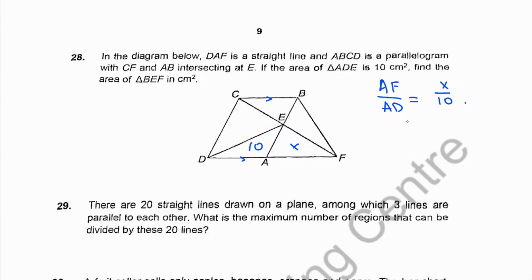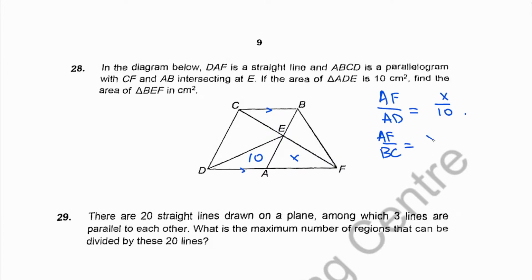Then this means that because AD is equal to BC, we have AF over BC is equal to X over 10. So now we know that CEB is similar to FEA.